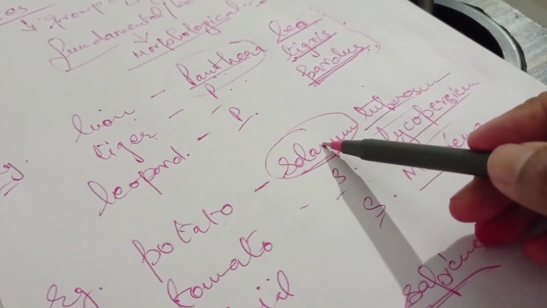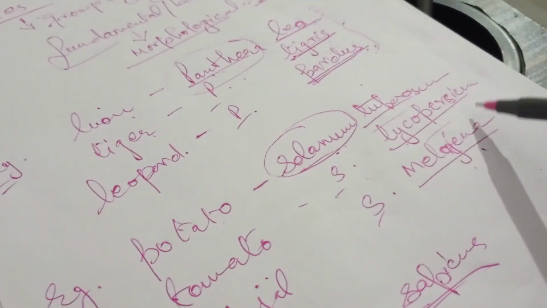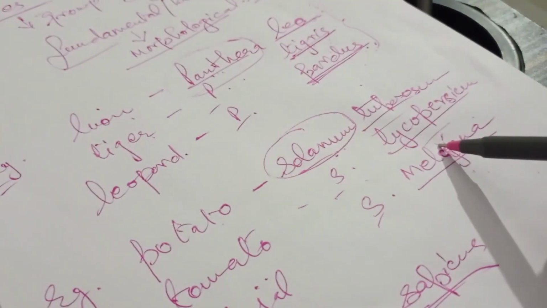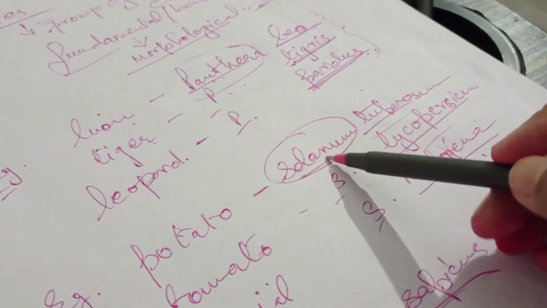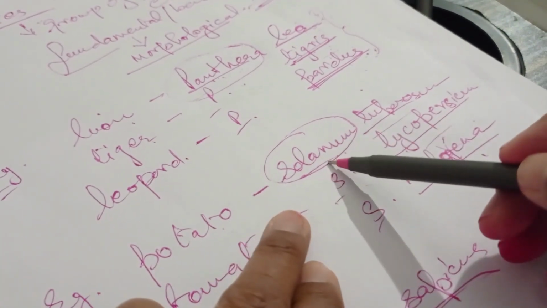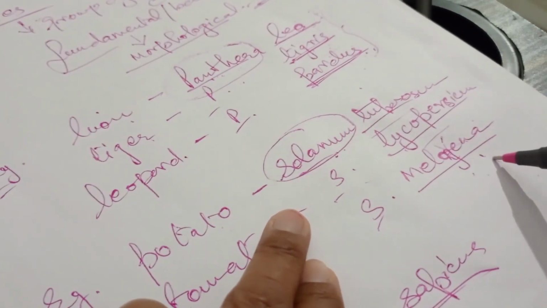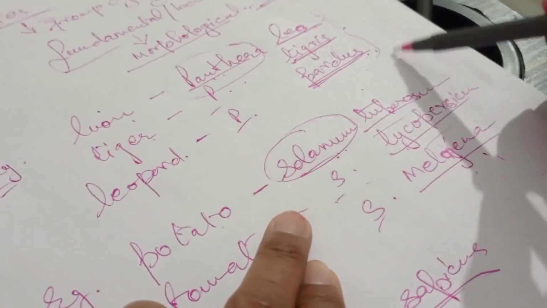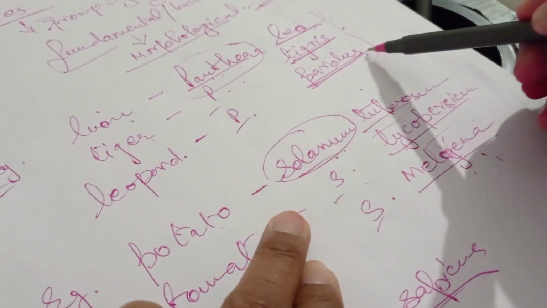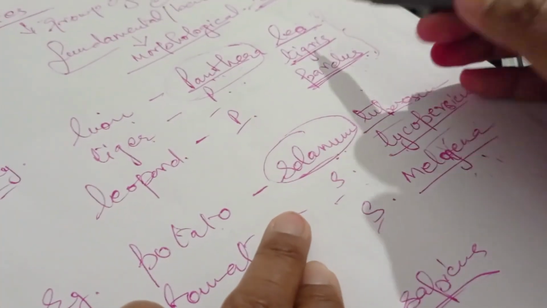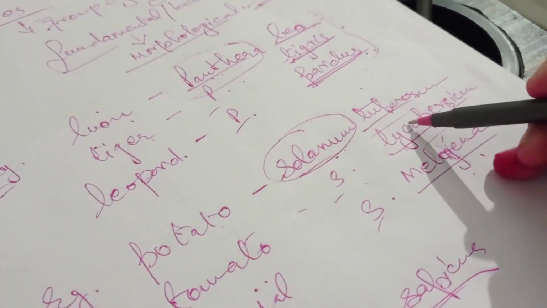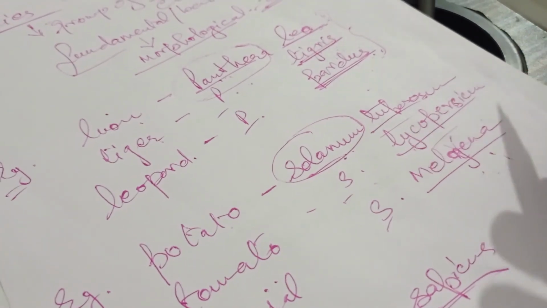Solanum is the genus which contains all these three species and many more. So what is genus? Genus is a group of related species. Related species means all those species which share something in common, they are included under a genus.